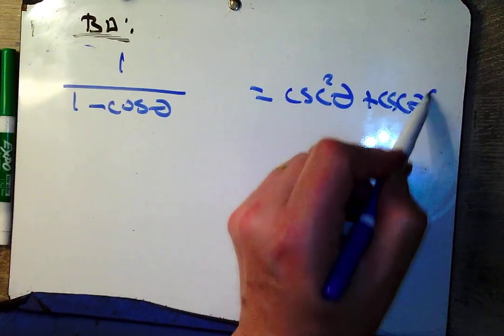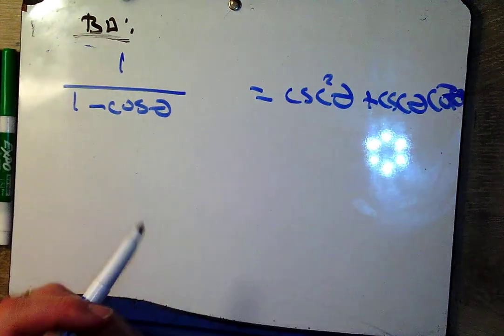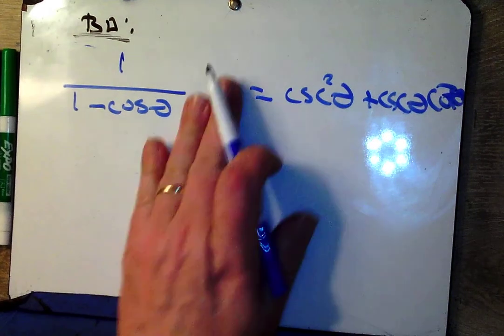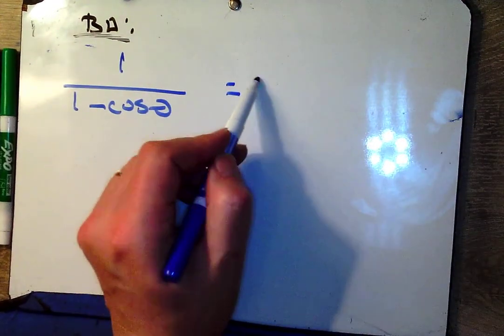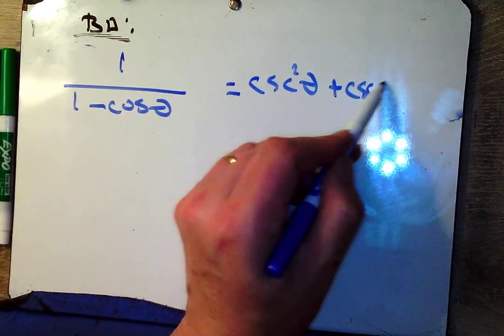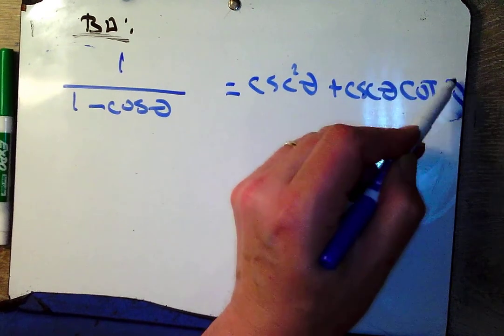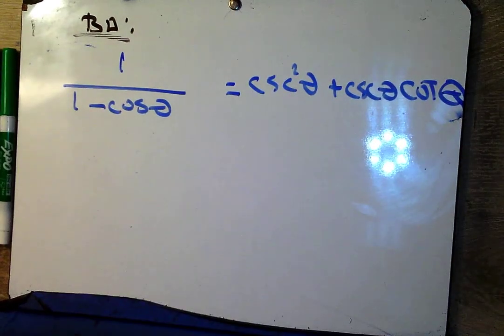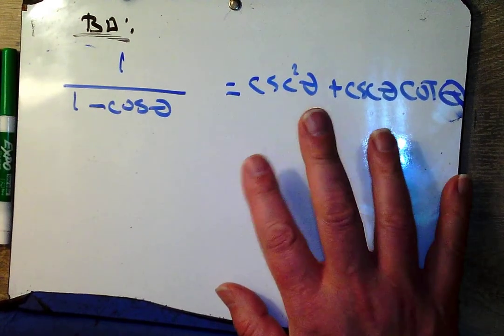Okay, how about 1 over 1 minus cosine theta should end up as cosecant squared theta plus cosecant theta cotangent theta. Okay, so which side do you want to work? Some people really do like working this side better.